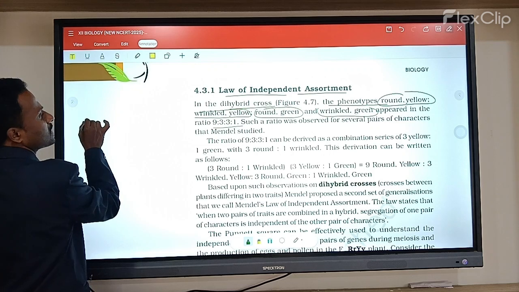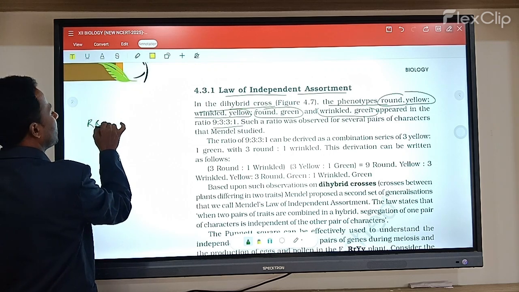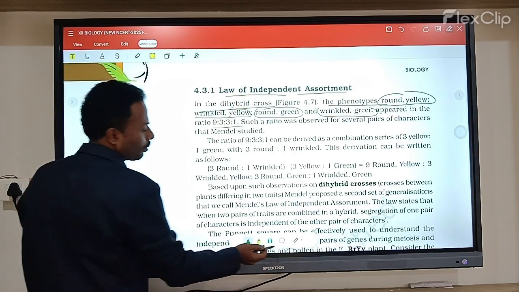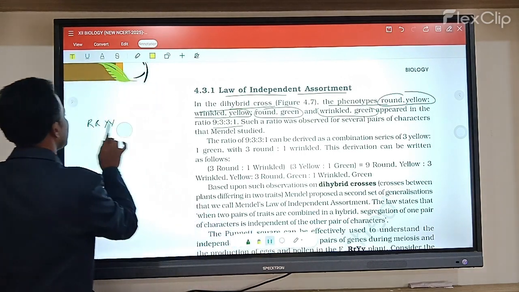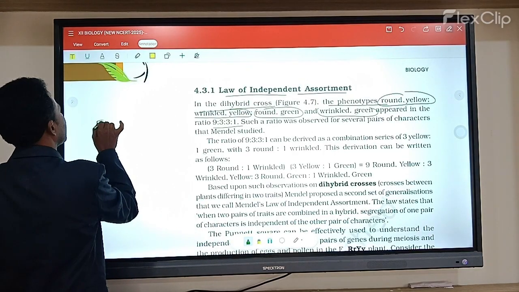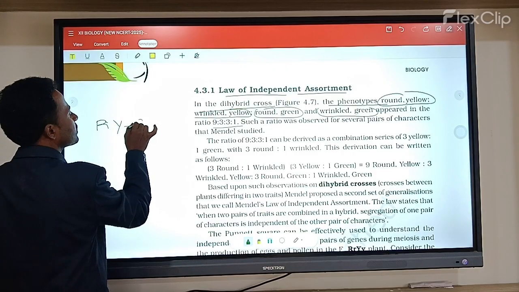How many characters are there? First, when you observe, he is talking about the round character and yellow character. How many are present?